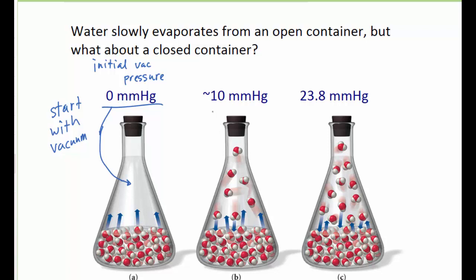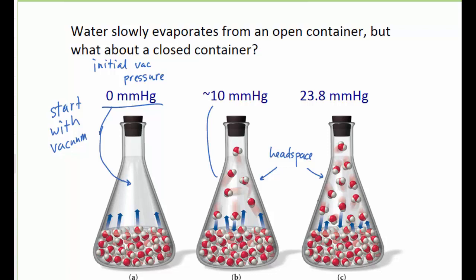This 10 millimeters of mercury would be the pressure of that gas up above the liquid. That's called the headspace when you have a closed container. The vapor that's in the space above the liquid in a closed container, that's the headspace of a container.